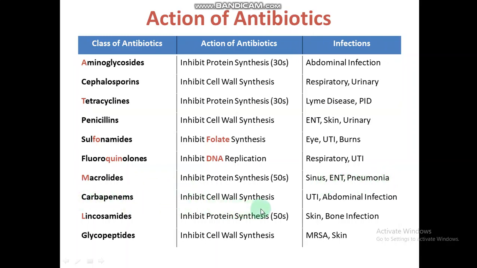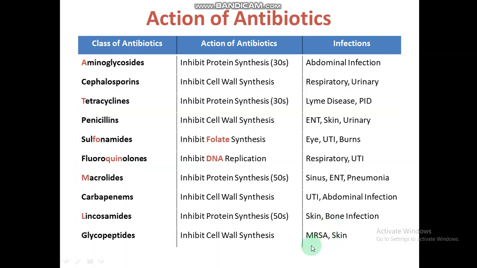Carbapenems inhibit cell wall synthesis, and they are used for UTI and abdominal infection. Lincosamides inhibit protein synthesis, which is the 50S ribosome. They are used for skin and bone infection. And glycopeptides inhibit cell wall synthesis, and they are used for methicillin-resistant Staphylococcus aureus, which usually causes skin infection.